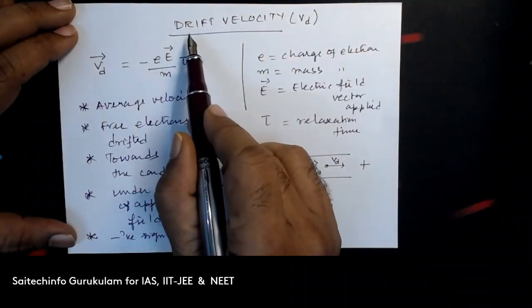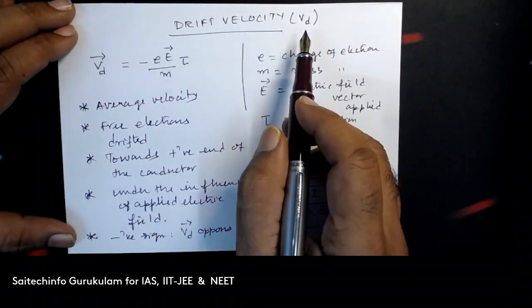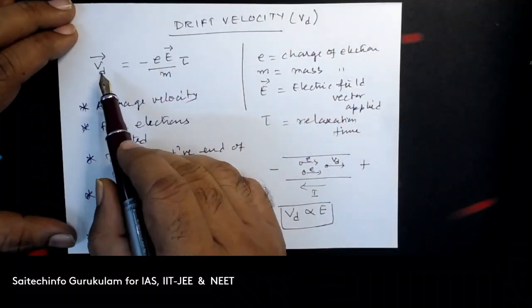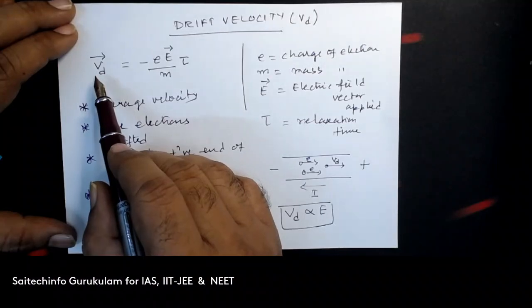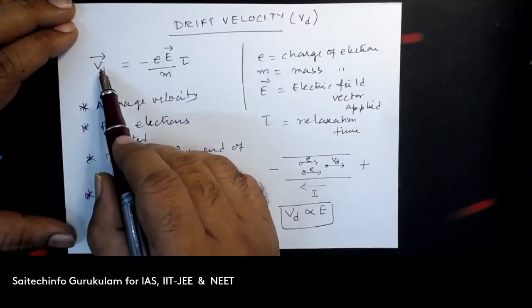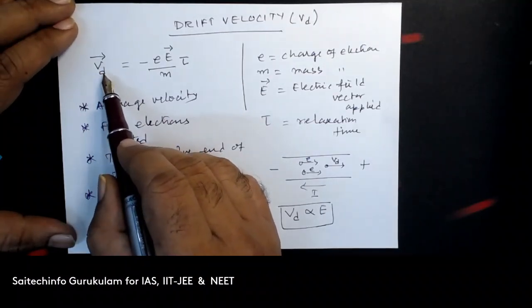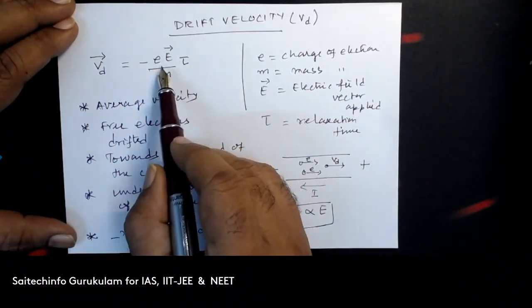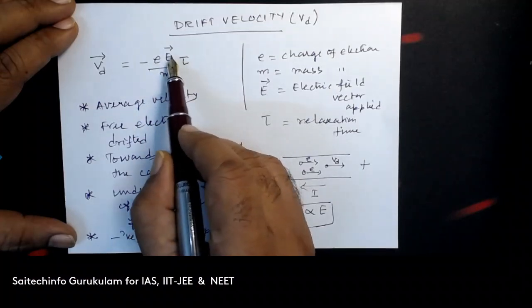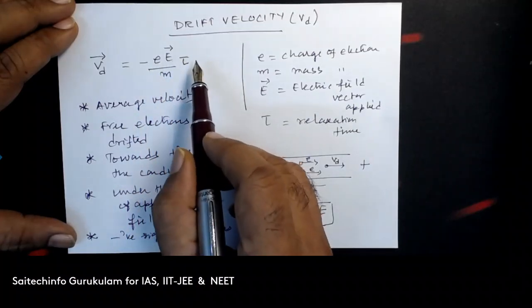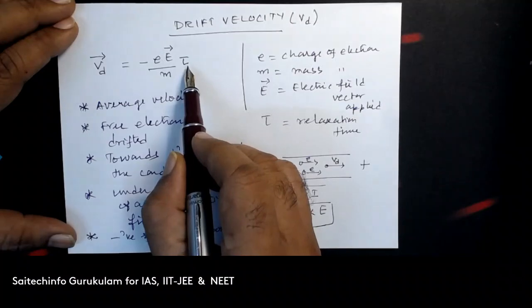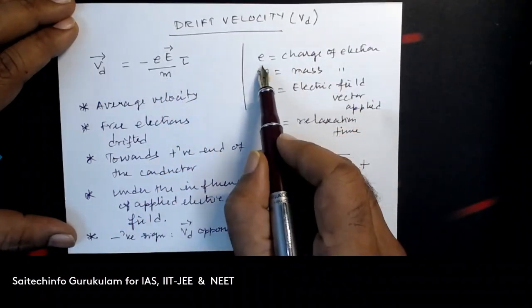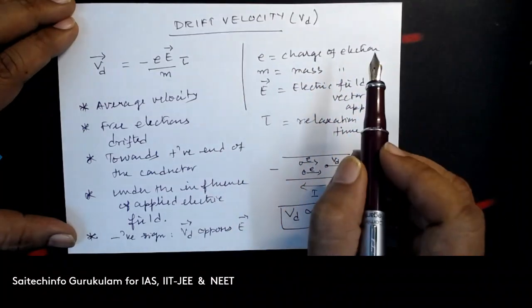Let me explain about the drift velocity, which is represented by Vd. It is a vector, which means it has direction as well as magnitude. So the drift velocity vector is given by the equation Vd = -e E tau divided by m, where e is the charge of electron.